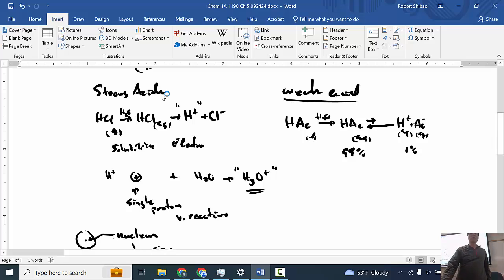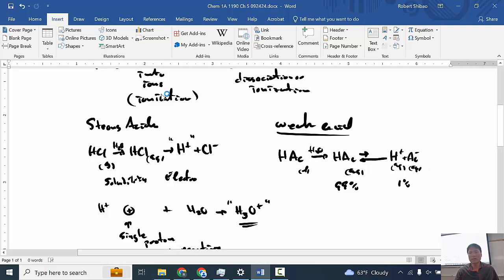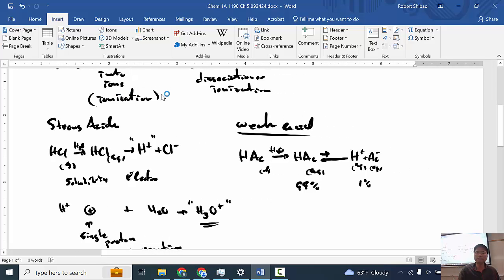It's going to react with water. To make life a little bit easier for us, I'm just going to ionize the acids. I'm not going to hydrolyze them.